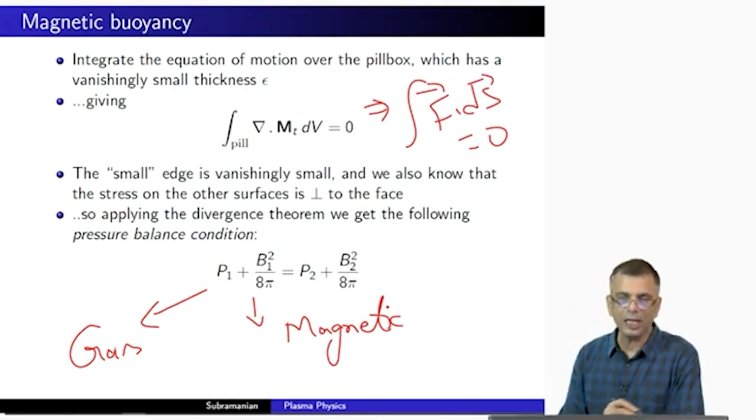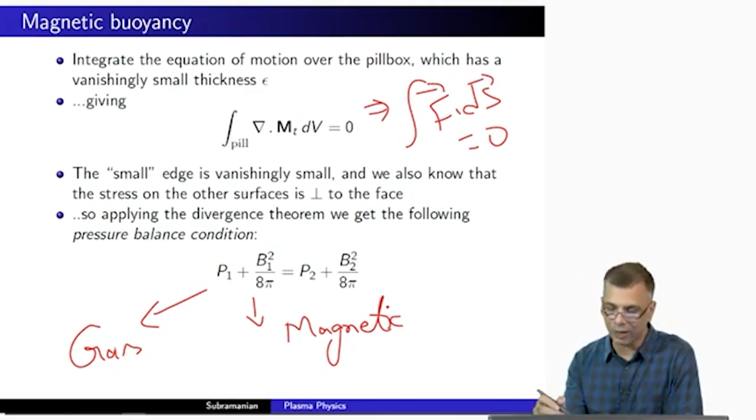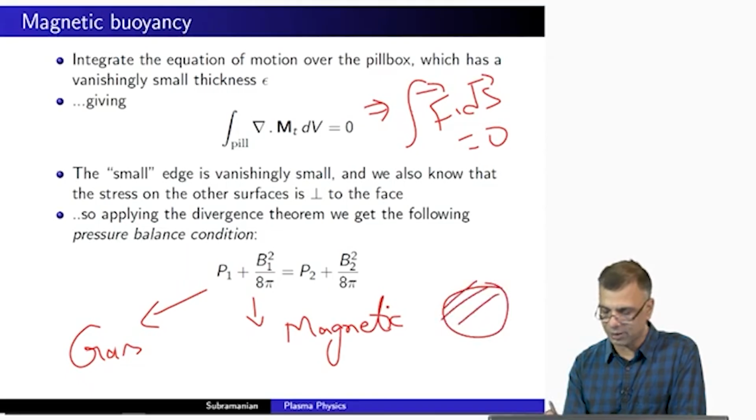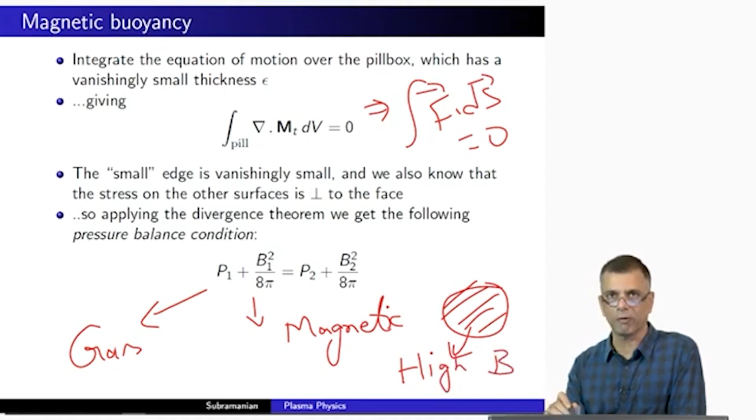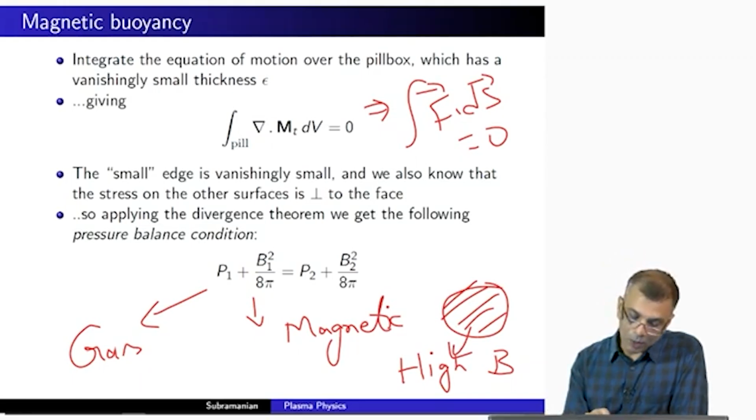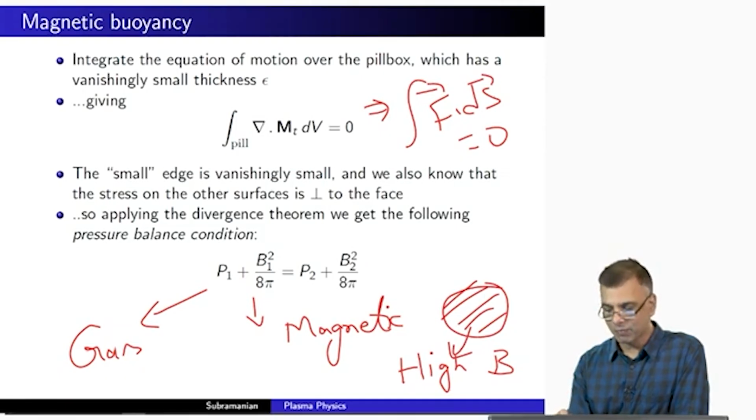So if you have a volume, for instance a bundle of magnetic field lines like this, inside you have high magnetic fields, and outside you have low magnetic fields. Because the gas pressure plus the magnetic pressure has to be the same inside and outside. Outside you have low magnetic field, so you have low magnetic pressure, therefore the gas pressure has to be higher.